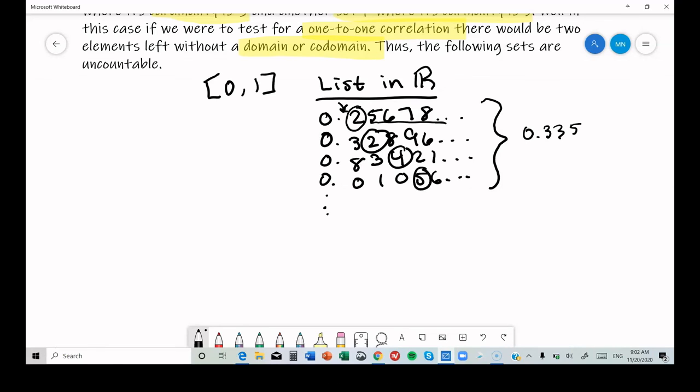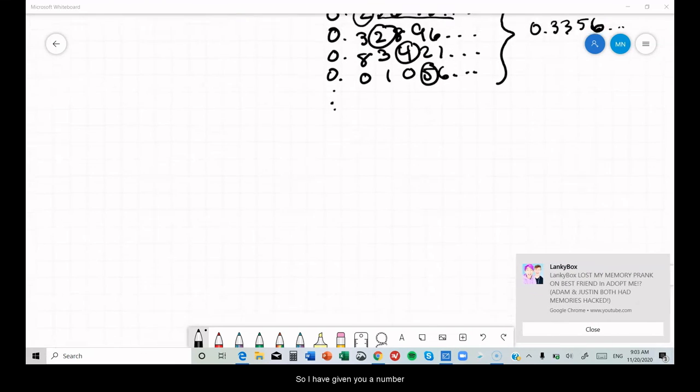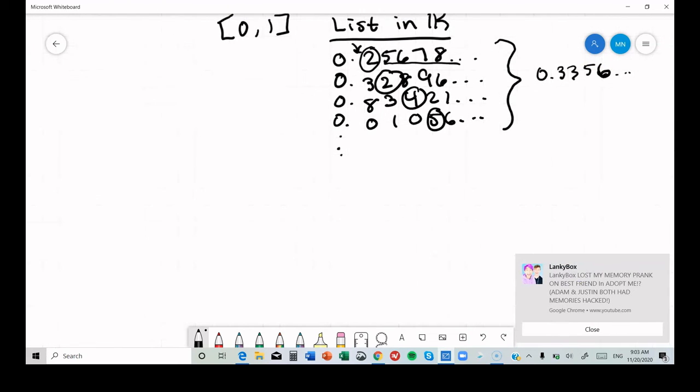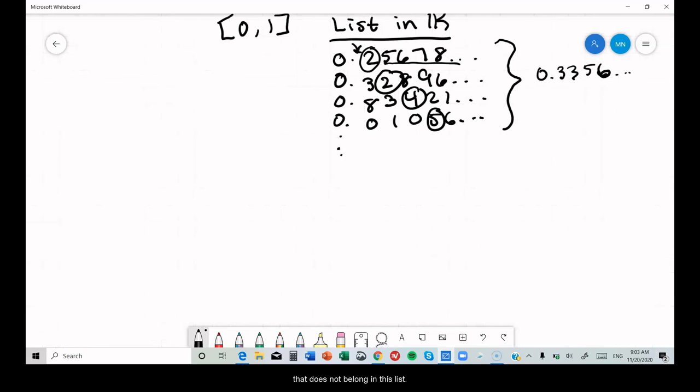This number. And there we go. So I have given you a number that does not belong in this list. And yet I could give you an infinite more numbers that are not in this list.